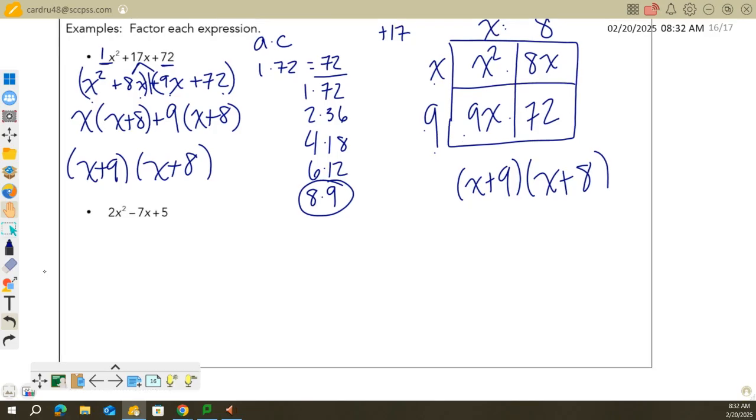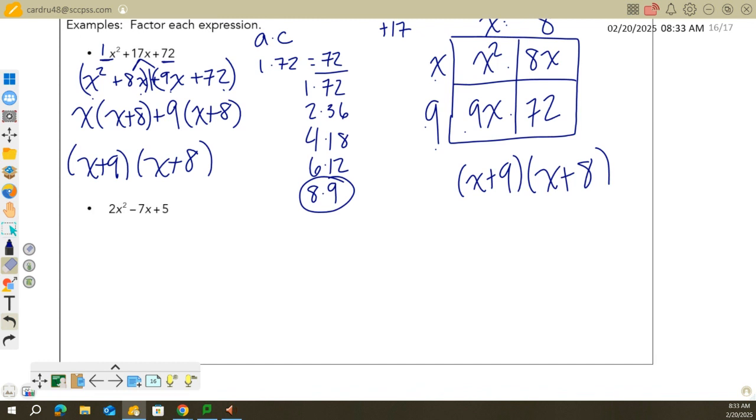So let's go ahead and look at this next one together, because we have this negative going on in the middle. So when you have a negative, really anywhere in your problem, we're going to have to factor in those negative factor pairs as well. So I'm going to start with a times c, right?